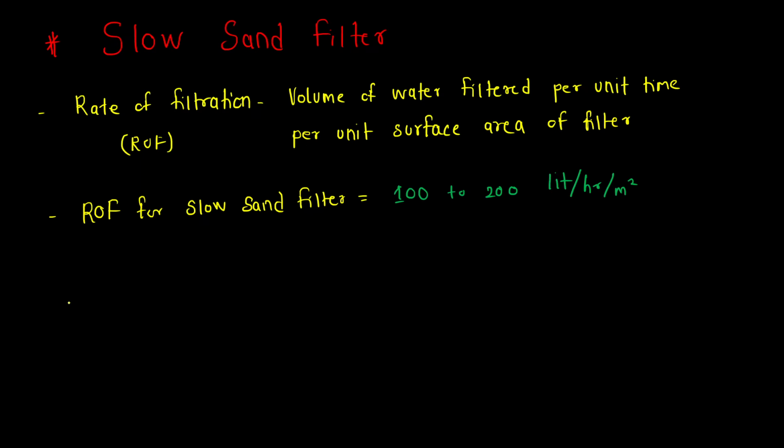Now this slow sand filter is very efficient. Efficiency means the removal capacity of impurities from this filter. So the efficiency of slow sand filter is around 97 to 98 percent.